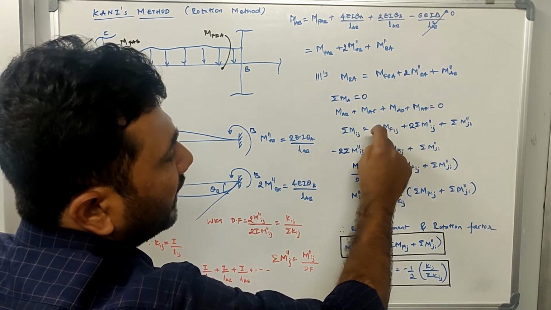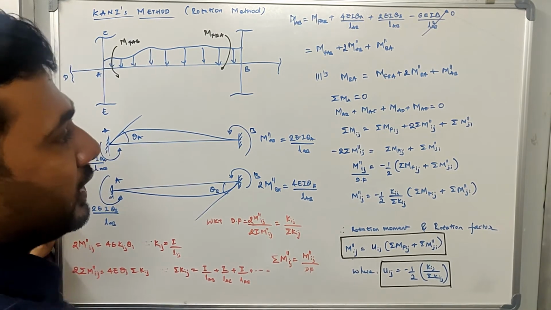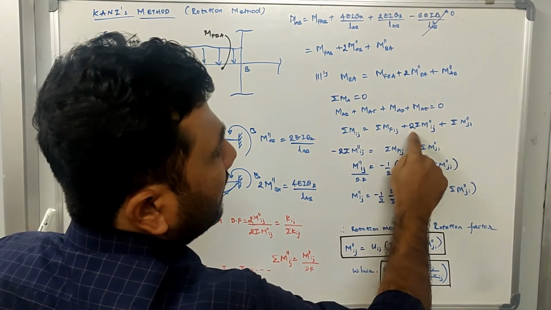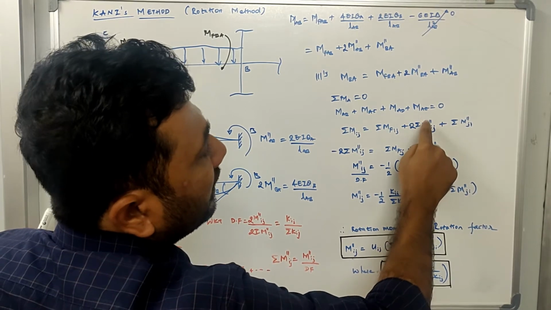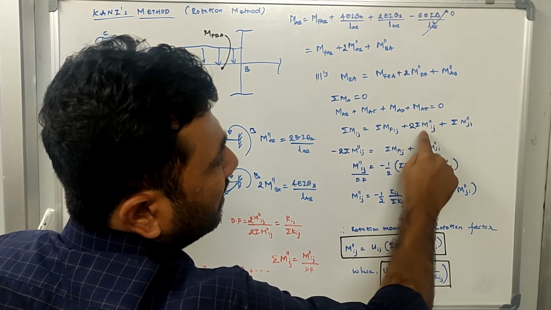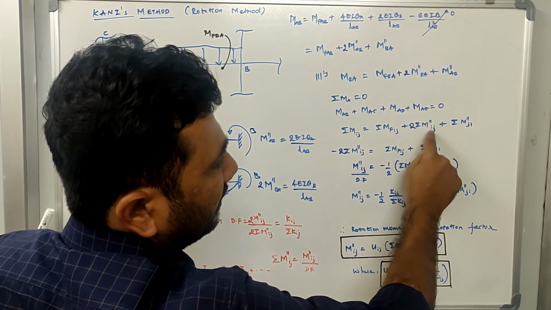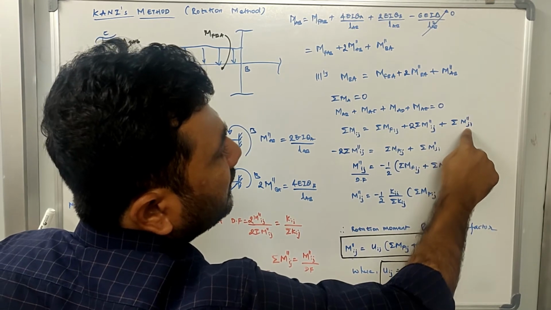In general I can call it the summation of MFij, right? I hope you can understand this. Plus 2 times m double dash ij. M double dash ij represents the summation of m double dash AB, m double dash AC, m double dash AD, m double dash AE, like that. Plus, now we are going to the summation of m double dash ji.